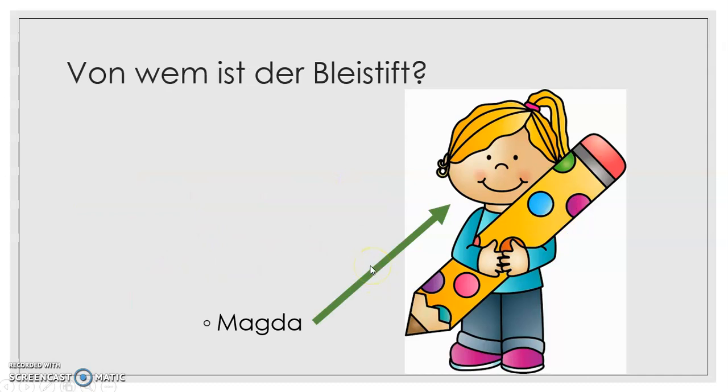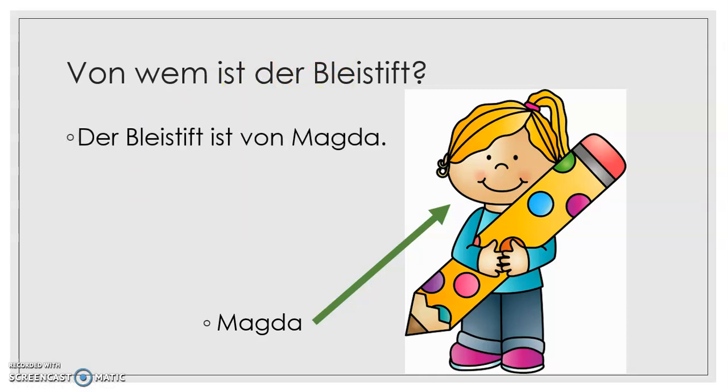Okay, let's try another example. So "von wem ist der Bleistift?" The same object, but now we have a different owner. Her name is Magda. So remember, we would want to say "blank ist von blank." So the object, in this case "der Bleistift," "ist von," and then whomever it belongs to.